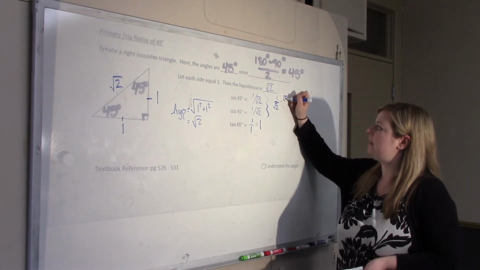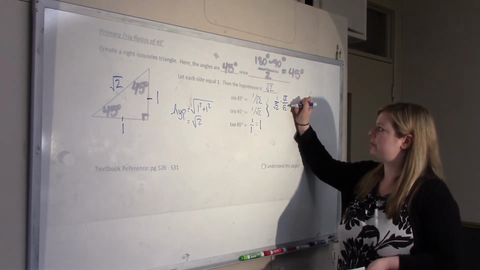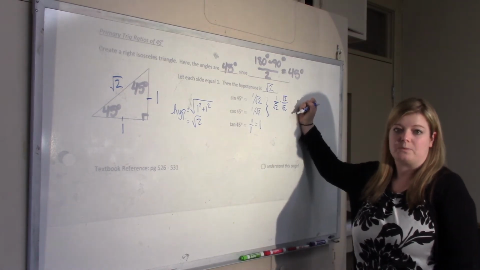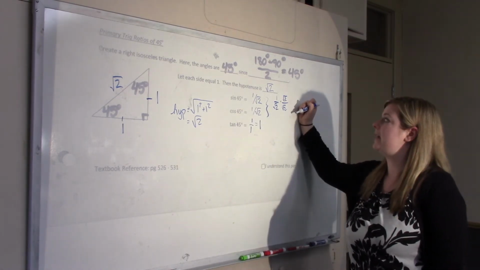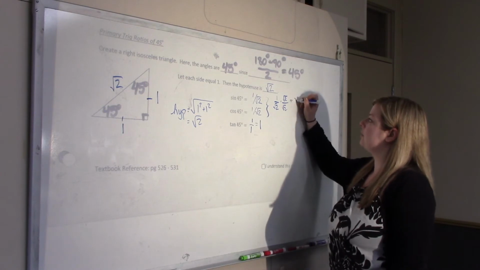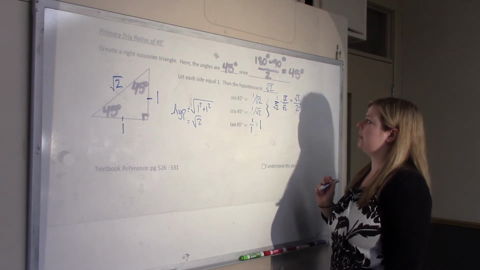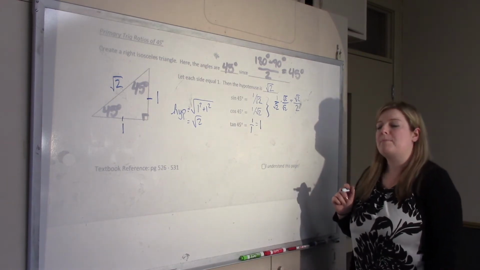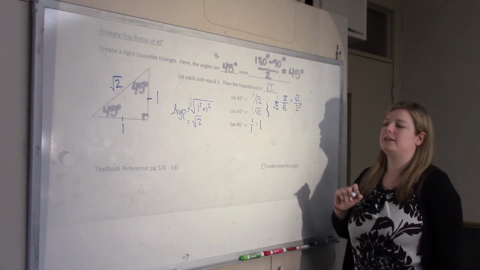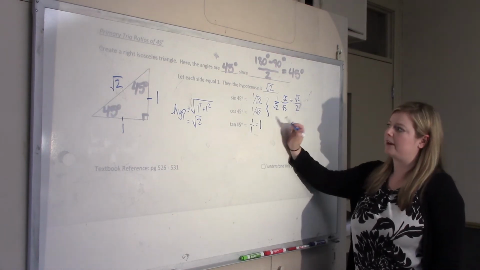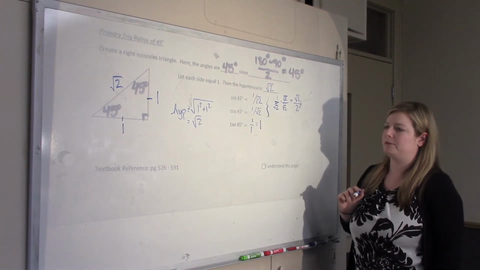So if we multiply by root 2 over root 2, we're really just multiplying by 1. Root 2 over root 2 is just 1, so we're not changing how big it is. But then you're getting root 2 on the top, and root 2 times root 2 is just 2 on the bottom. So in some mathematics, root 2 over 2 is preferable to writing 1 divided by root 2.